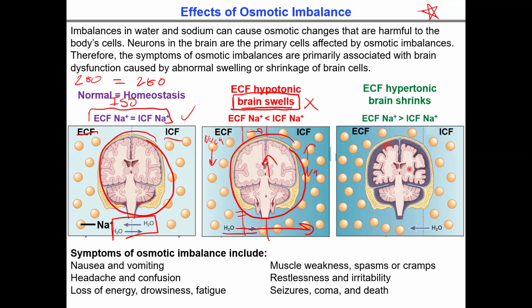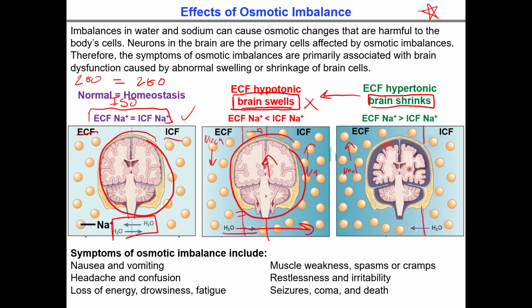We also have a hypertonic solution where the brain is going to shrink. Now, again, this is the opposite or inverse of our hypotonic solution. What's happening here is we have our intracellular fluid, and again, we have much more sodium on the outside.